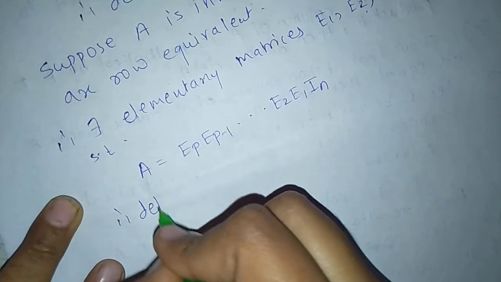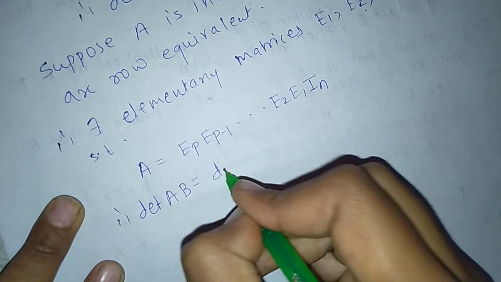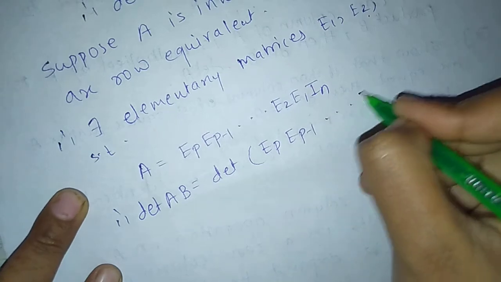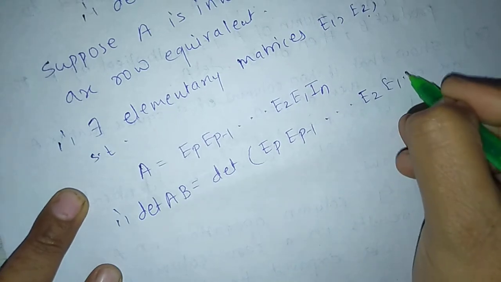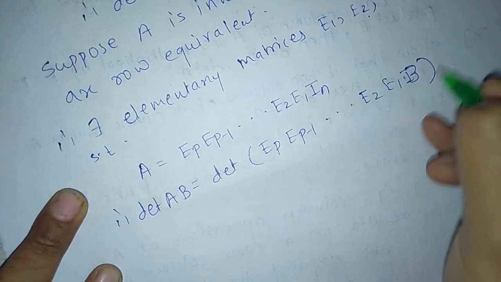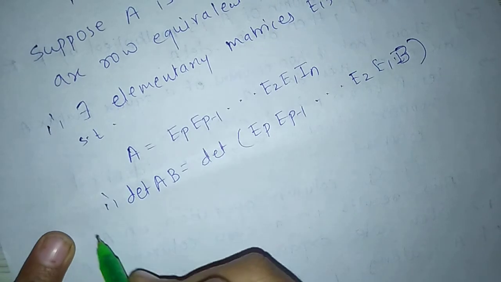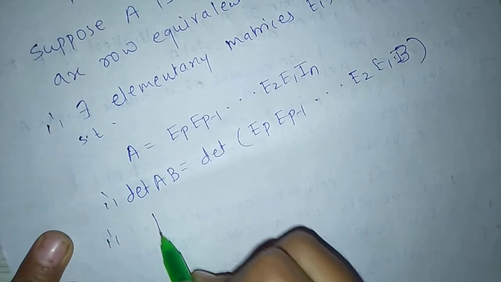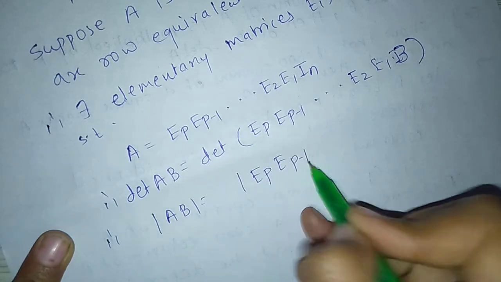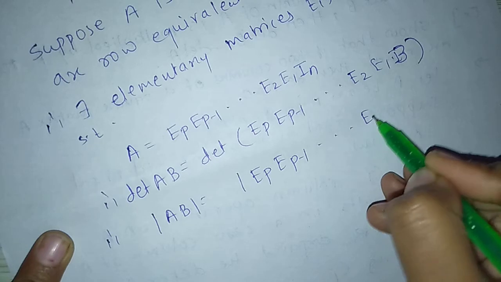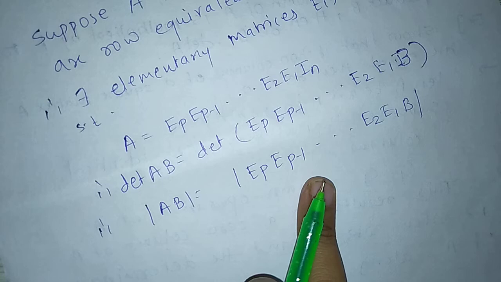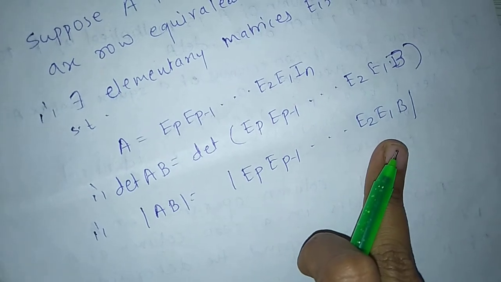Therefore, determinant of A into B equal to determinant of EP, EP minus 1 and so on, E2, E1 into B. These are nothing but the elementary matrices into B.